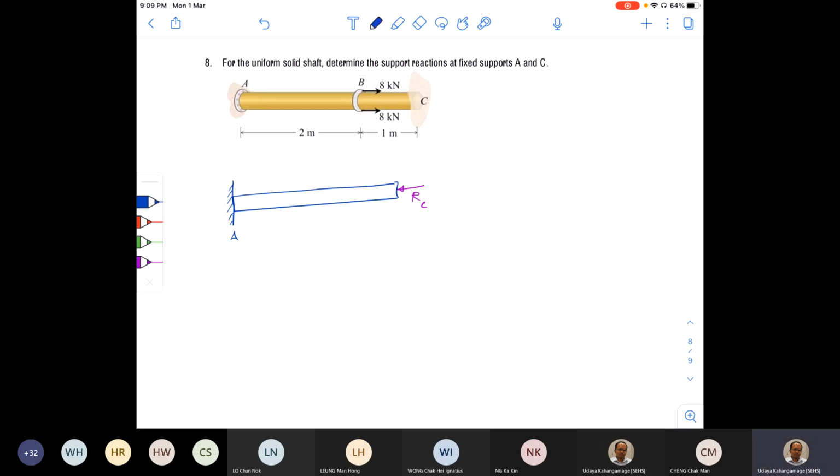Let's mark the externally applied forces as well. Here, 8 kilonewton, 8 kilonewton.